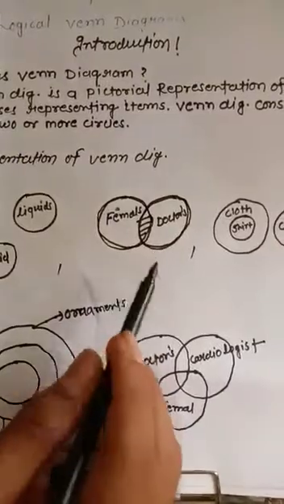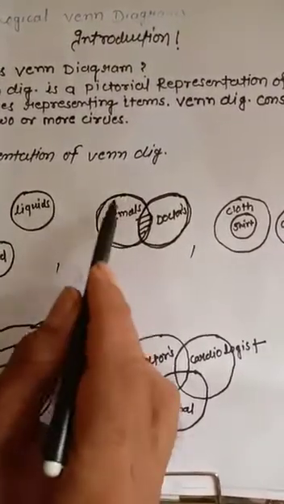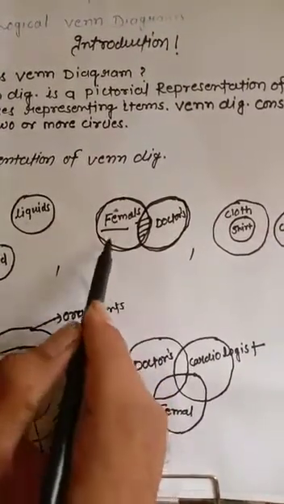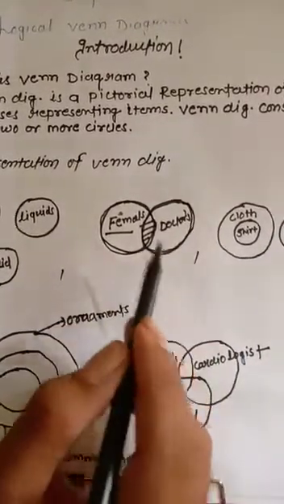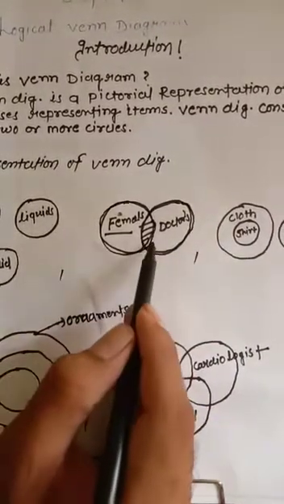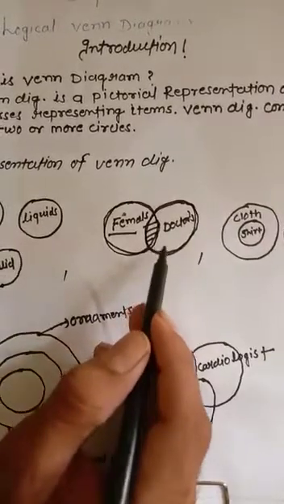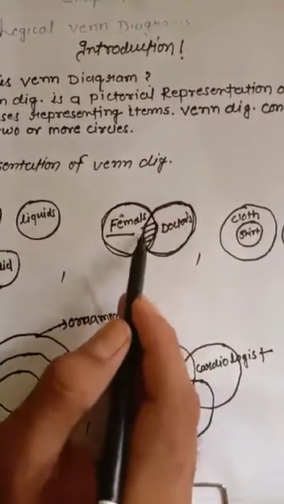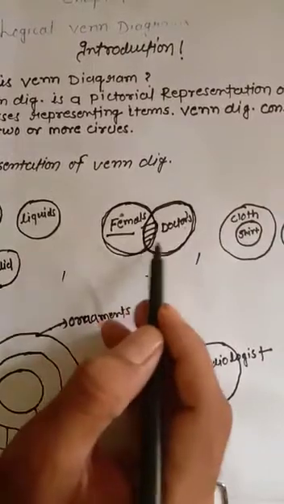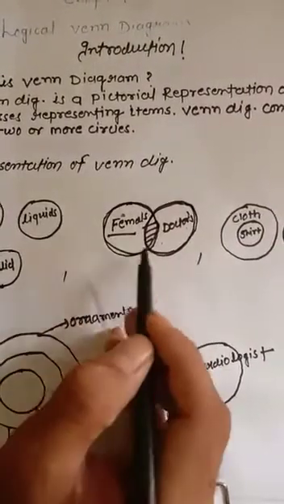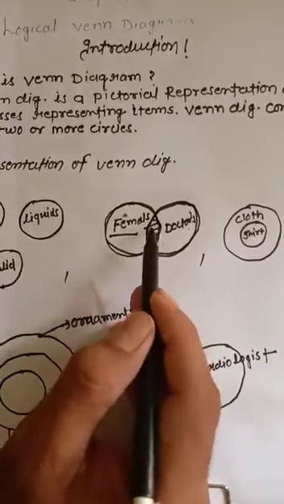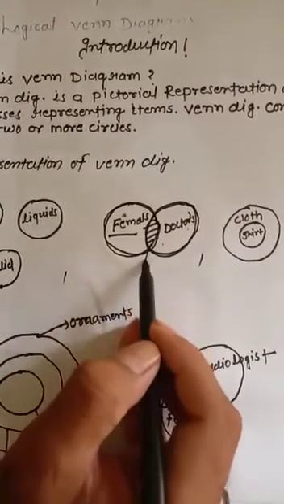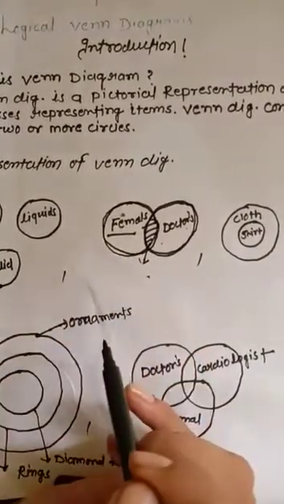Here, this circle represents all females, and this circle represents all doctors. So we can say that some females are doctors also, or some doctors are female also. That's why these two circles are cutting each other. This part of the Venn diagram represents that some females are doctors also.